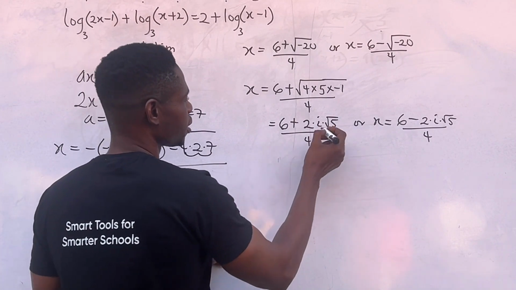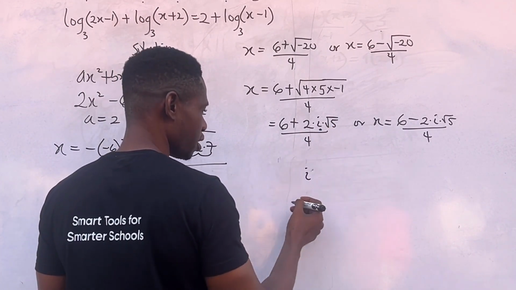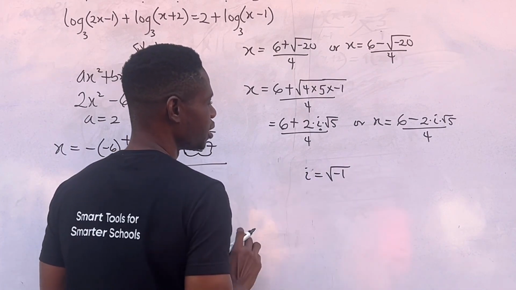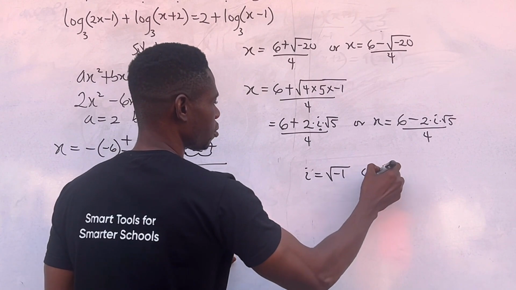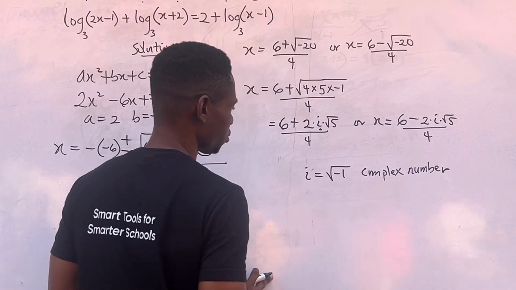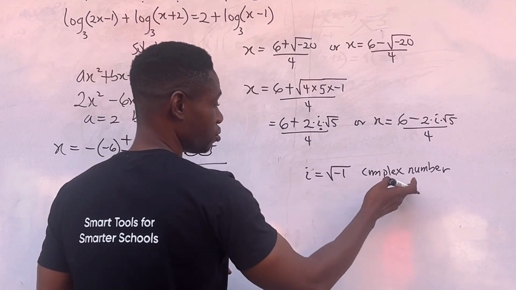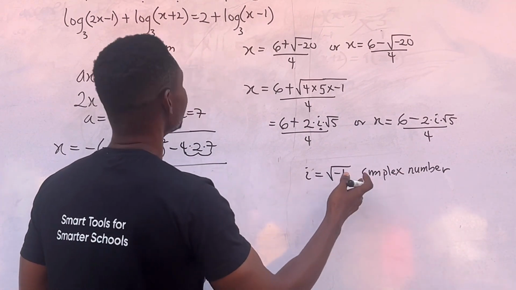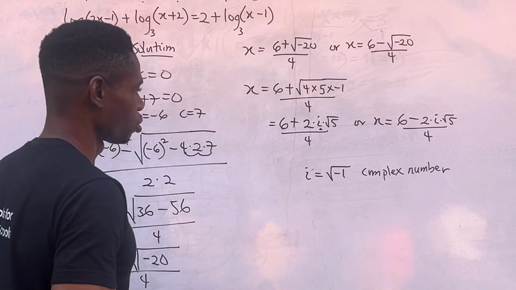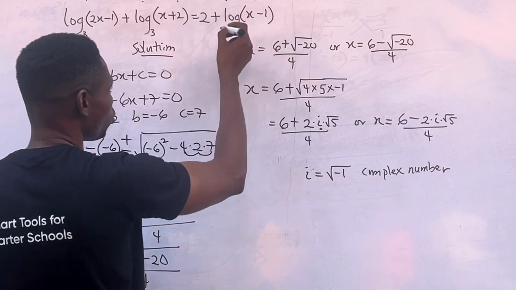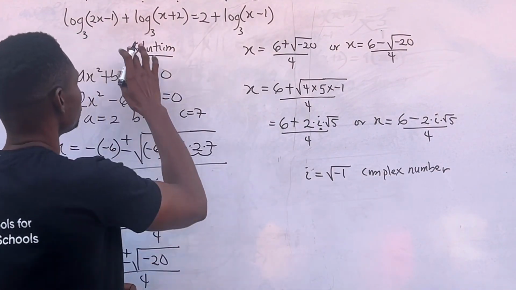Now looking at this i, this i represents the square root of negative 1, which is a complex number. Now complex numbers are not real, but there are ways to manipulate numbers to get solutions. Now the question says find all real solutions to this problem.